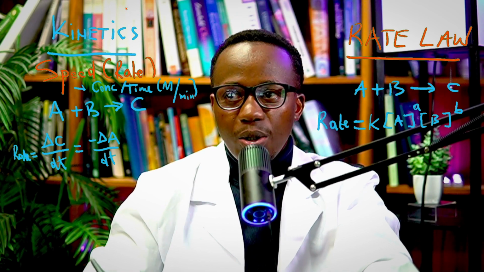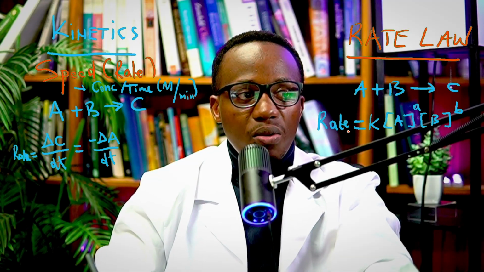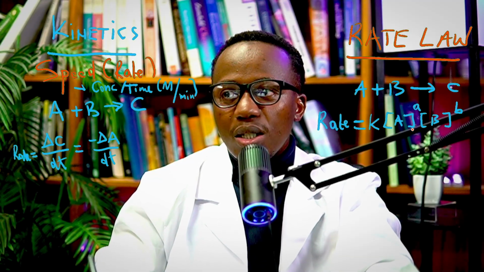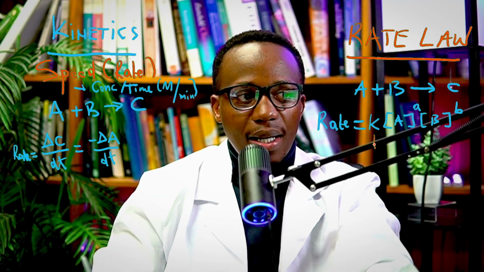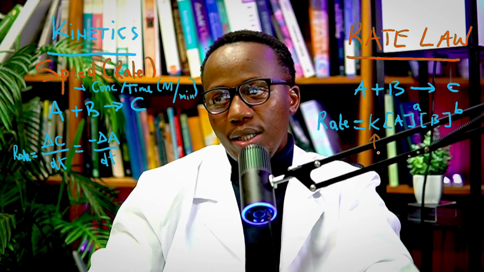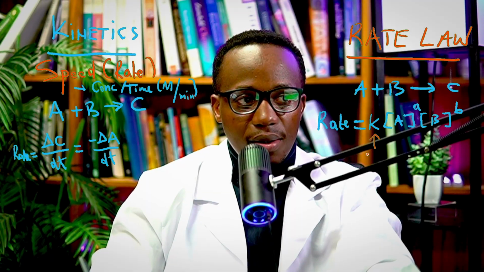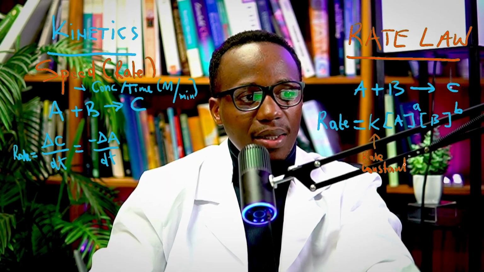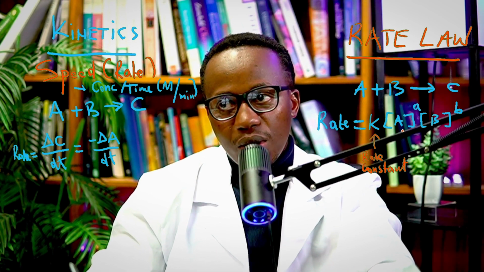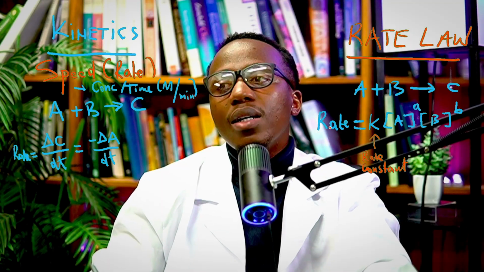Why is it important? Because this is how we're going to relate the speed of our reaction to the concentrations of our reactants. And this, again, is a constant, the rate constant, and it is distinct for each reaction. This is the concentration of one reactant, the concentration of another reactant, and then this is the rate.